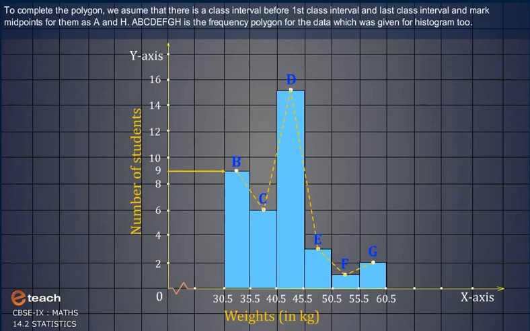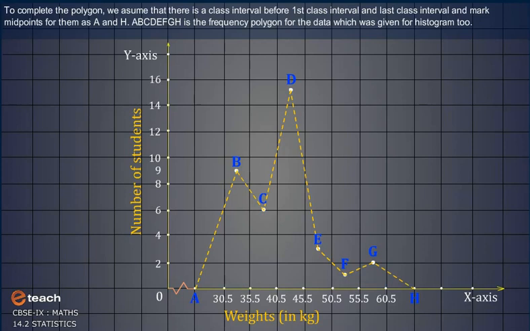To complete the polygon, we assume that there is a class interval before the first class interval and after the last class interval, and mark midpoints for them as A and H. A, B, C, D, E, F, G, H is the frequency polygon for the data which was given for the histogram.